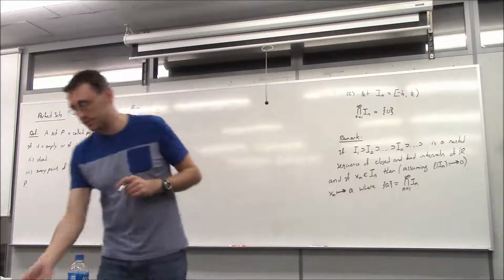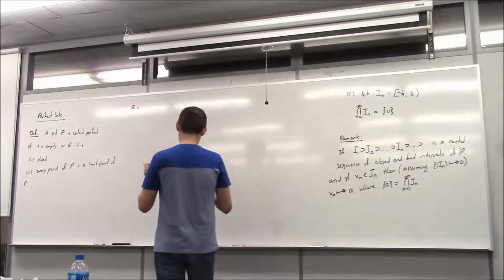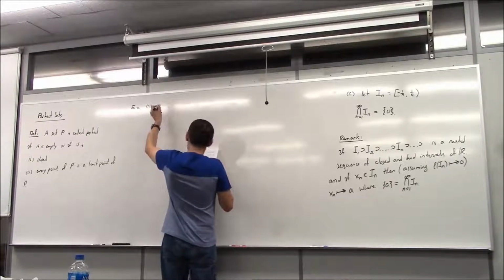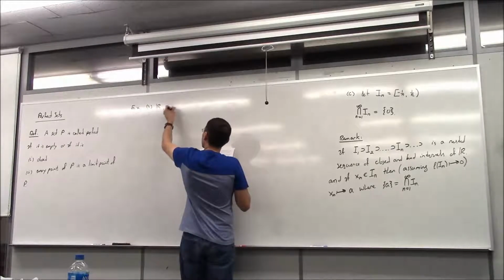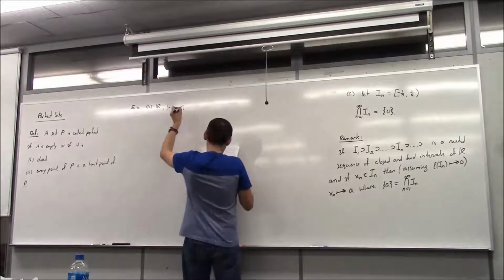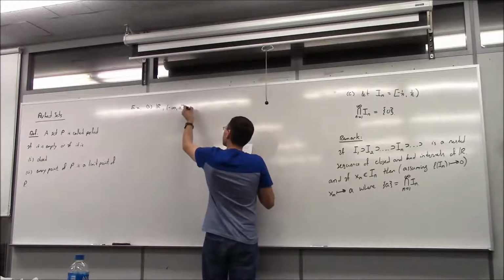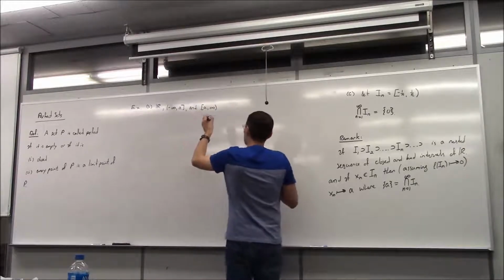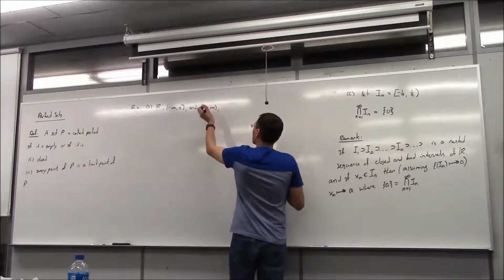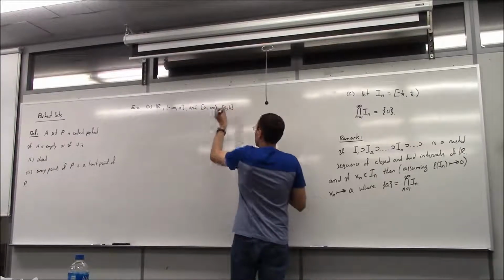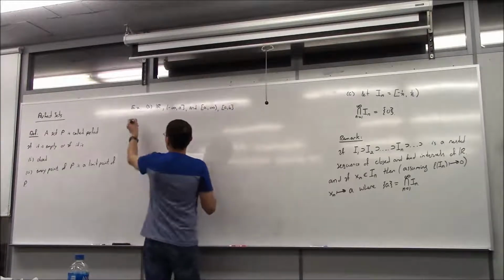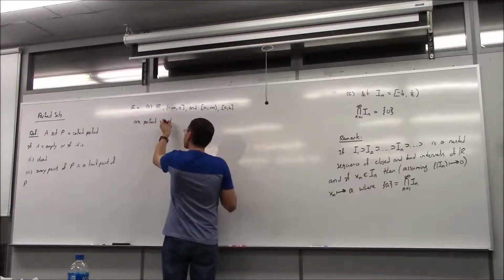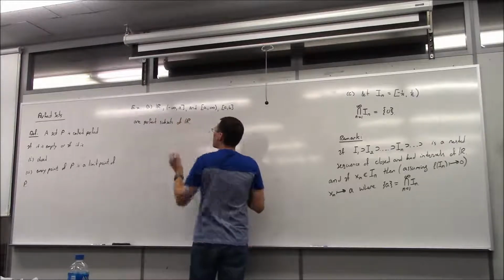So let's look at some examples. So R, or the interval minus infinity to A, and of course, you can take this set, or the interval A to B, and it's to be closed, are perfect sets of R. Do you agree?